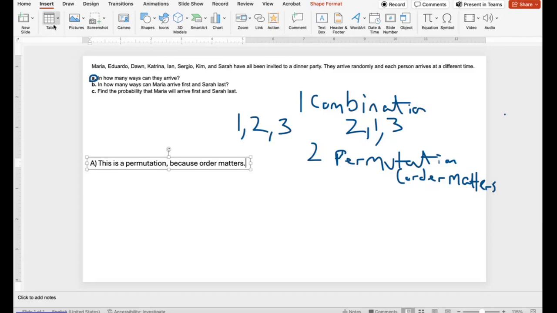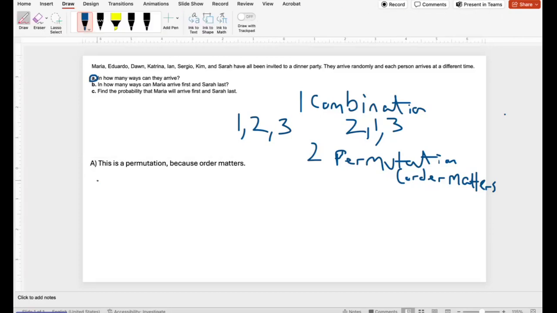So with permutations, you can just multiply. So how many people do we have? 1, 2, 3, 4, 5, 6, 7, 8. So do you remember that that's going to be 8 factorial? Do you remember what factorial is? Yes, it's the multiply.